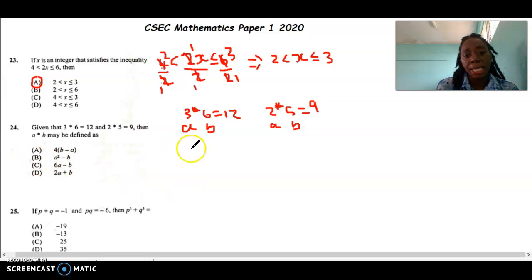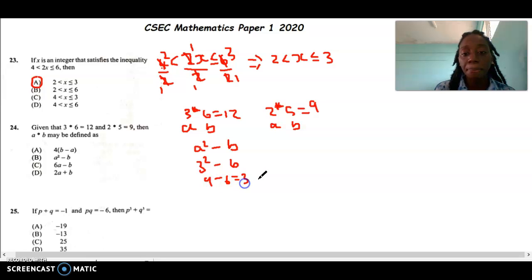Let me choose B. The defining equation for B is A squared minus B. Now, in this case, A is 3, so I will square 3 minus B, which is 6. So 3 3s is 9 minus 6, and that is equal to 3.